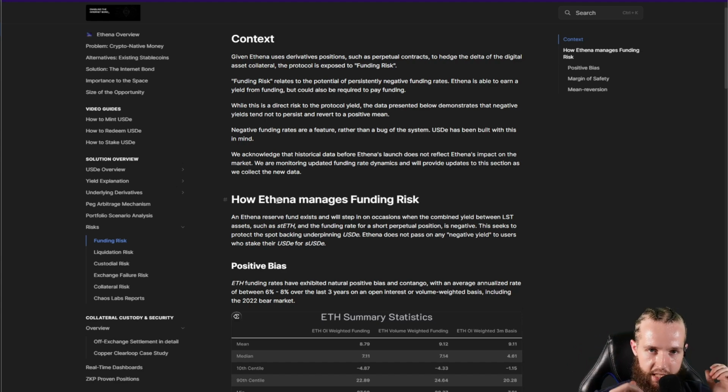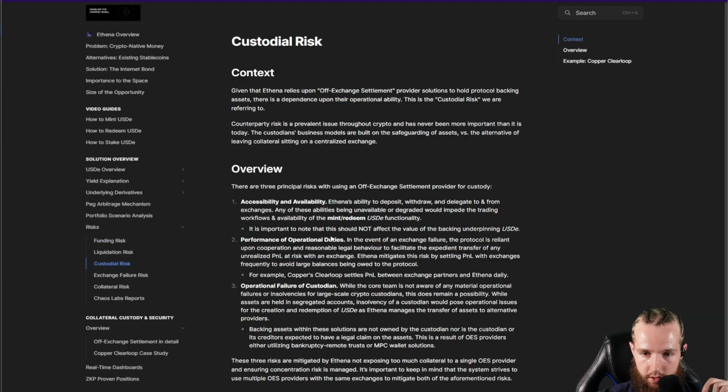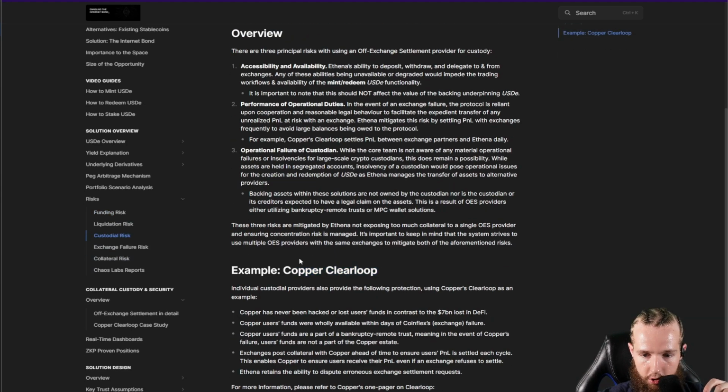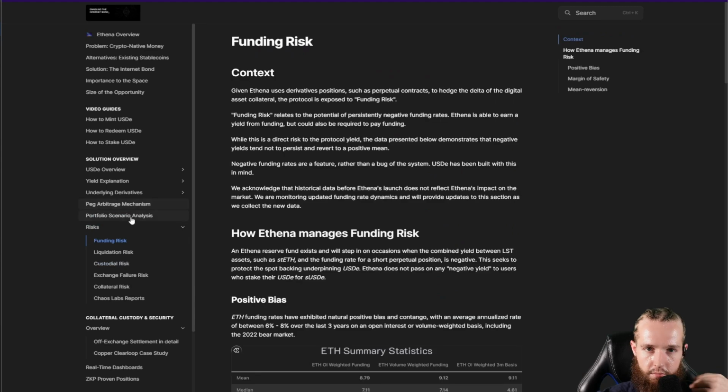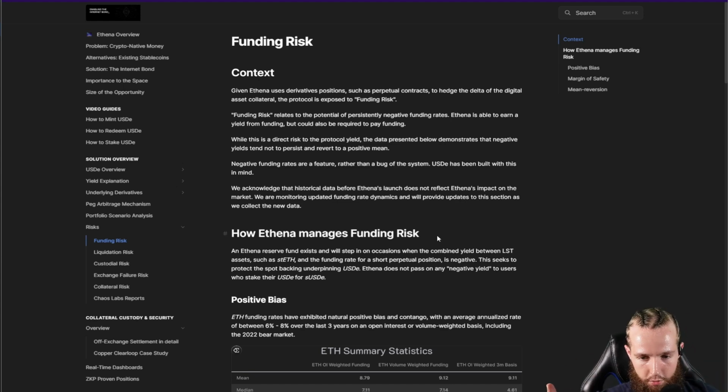Ethena takes that stETH and holds it with a third-party custodian named Copper. The custodian is Copper Clearloop, a very highly reputable custodian that has essentially never had problems before. Even with exchange failures in the past, Copper Clearloop has a very reputable history in the space.